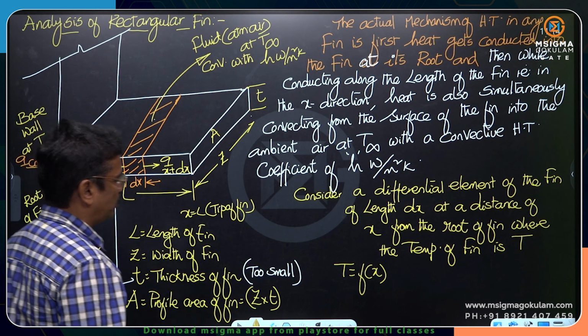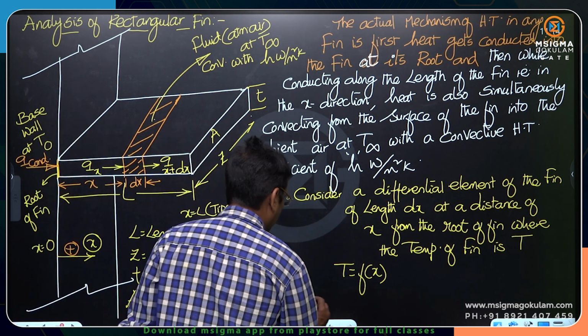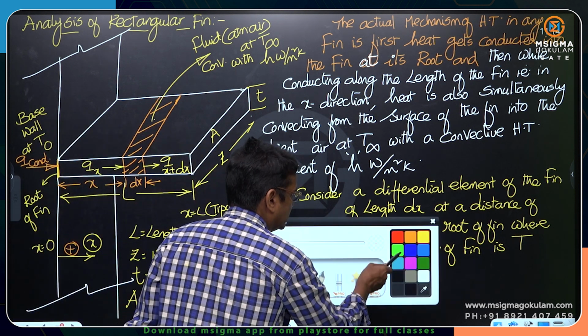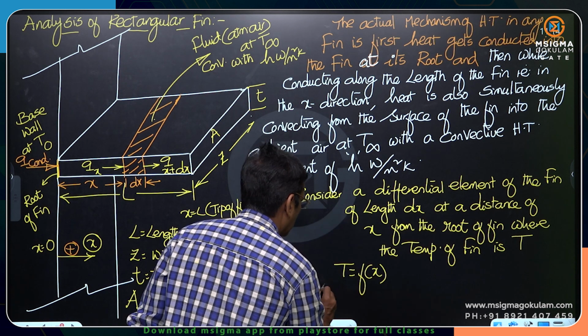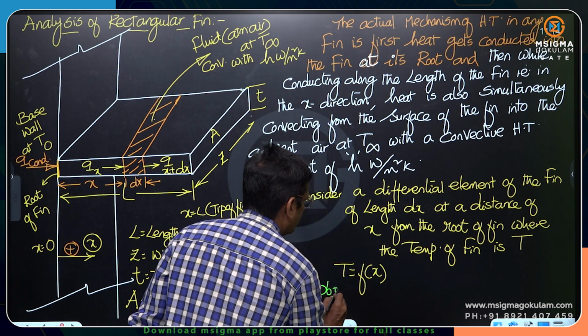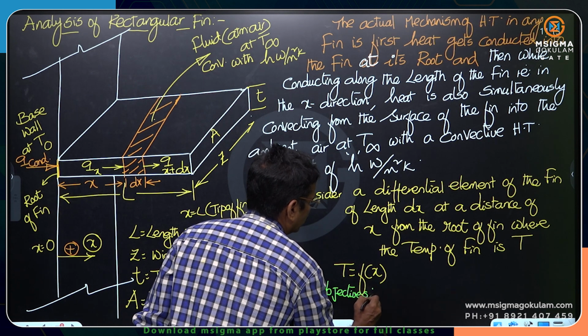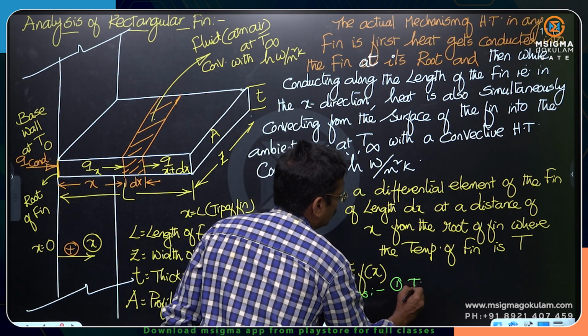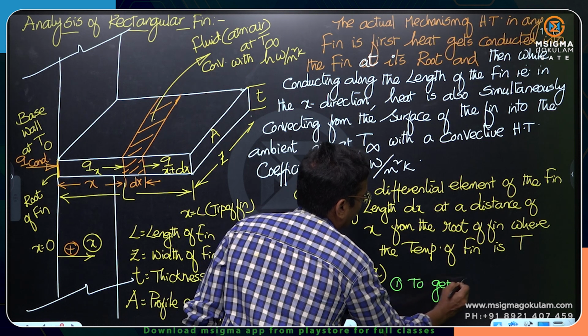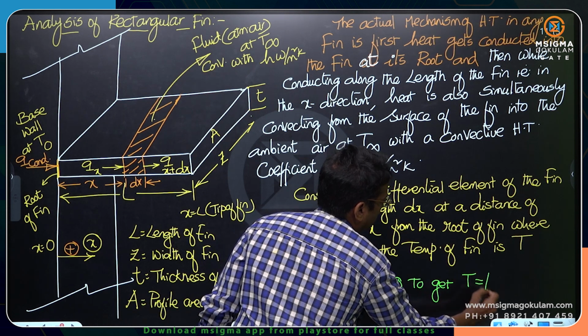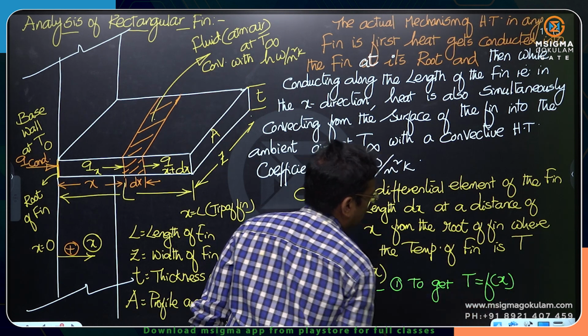Actually, my objective of the analysis, first I write here. The main objective of the analysis, two objectives are there. First objective is to get temperature distribution, T as a function of x.